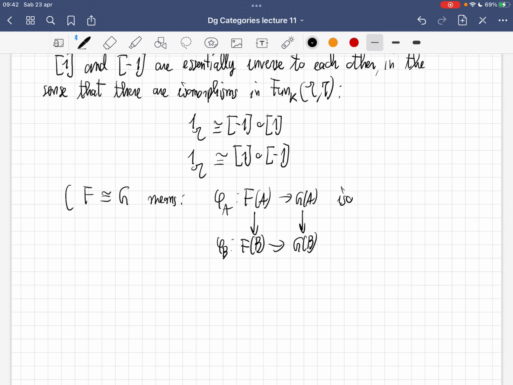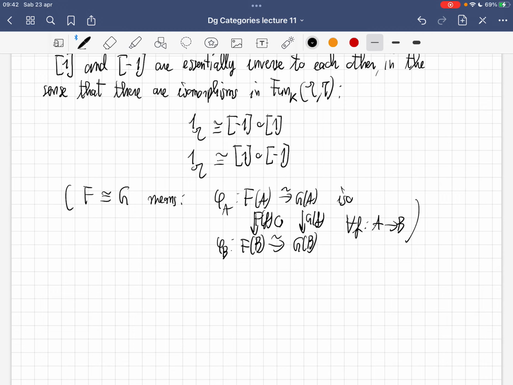This is phi_B, and for every morphism f, F of f and G of f, this is going to be commutative for all morphisms. So it's a natural transformation. We don't have signs here because we're working with k-linear categories. And it's a term-wise isomorphism that we should know, just a short reminder.